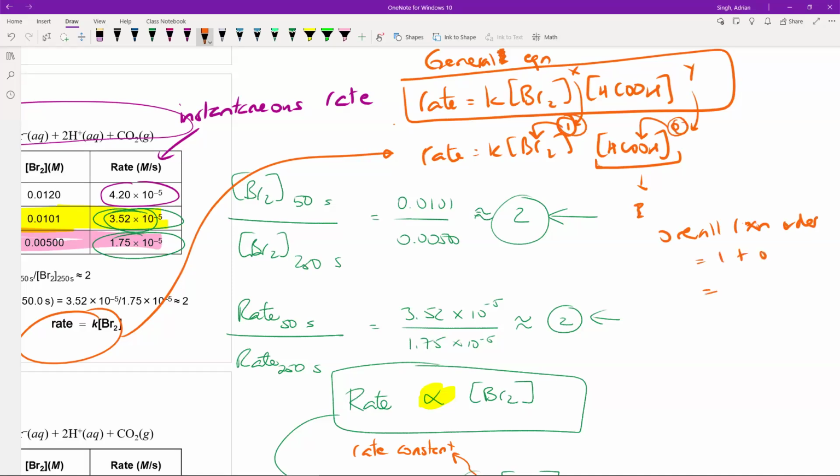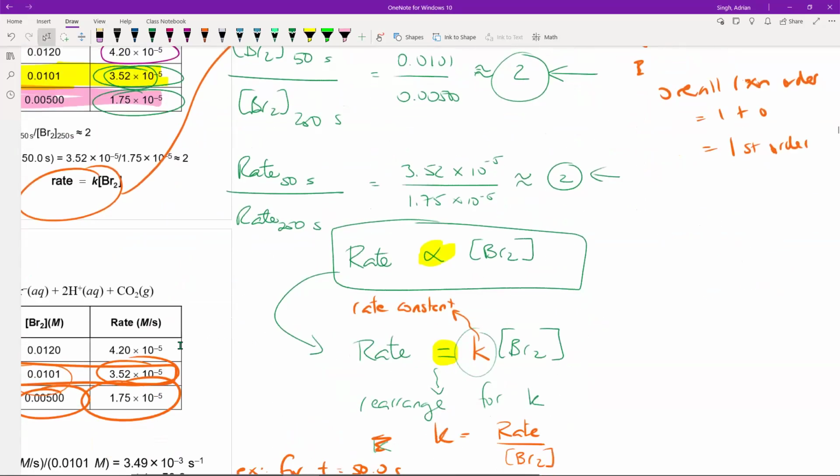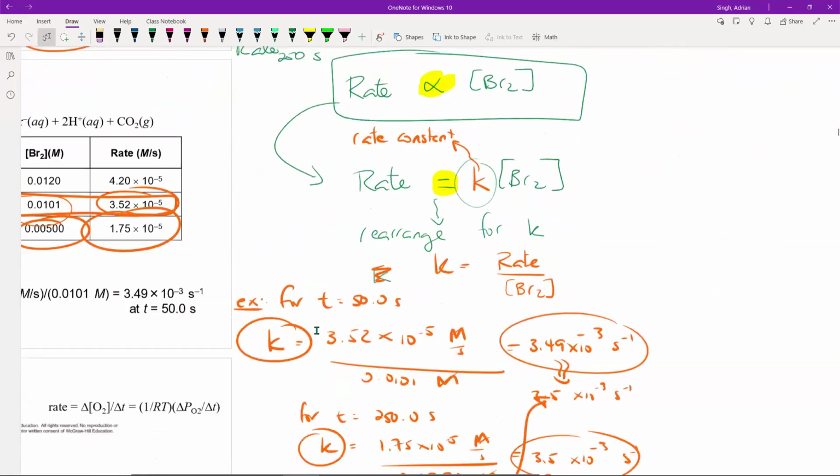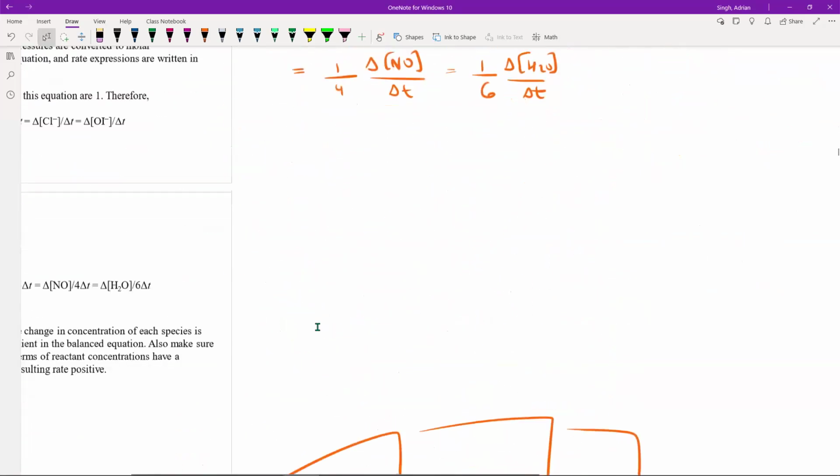So it's first order overall. That's how we use those terms to describe the different components of the rate law for that particular reaction. So let's jump down to a different example.